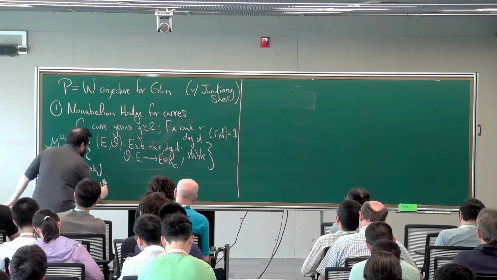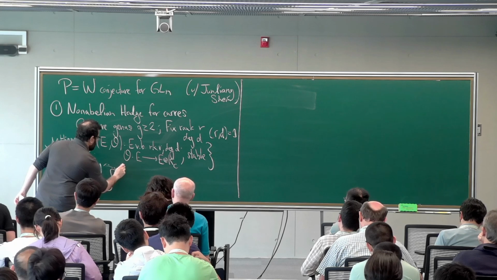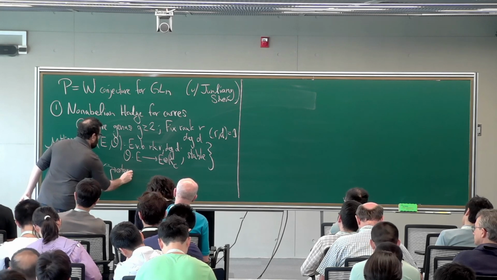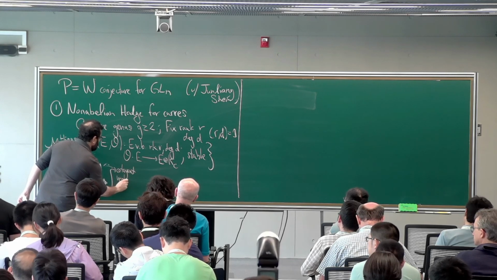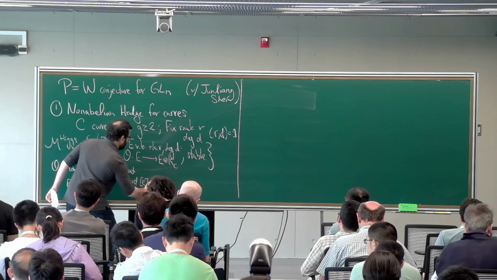So you should think of theta as a cotangent vector at this point in the moduli space of bundles.